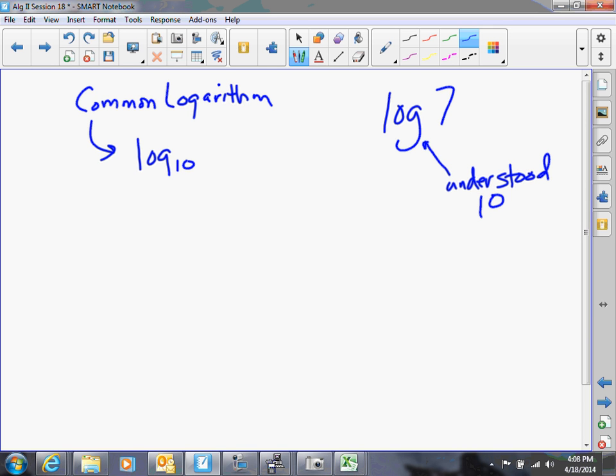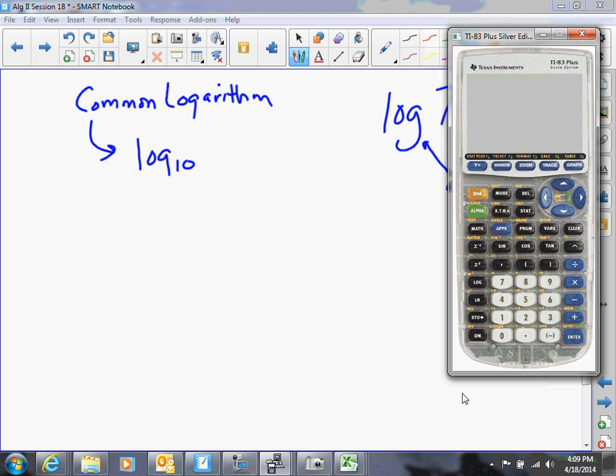Now, if you look on your calculator, down to the right of the 7, you will see a button that says log. That is a log base 10. So if you were to type log and then 10, for example, log base 10 of 10 would be 1, right? Well, the log of 10 is 1.